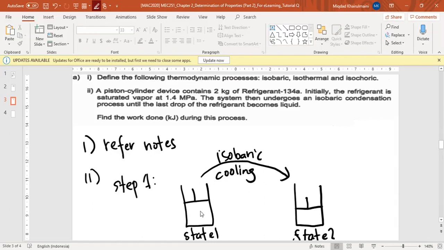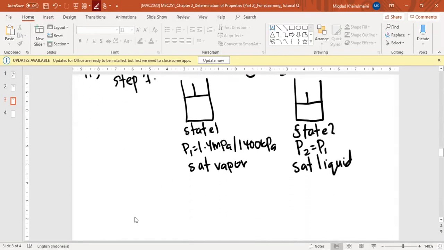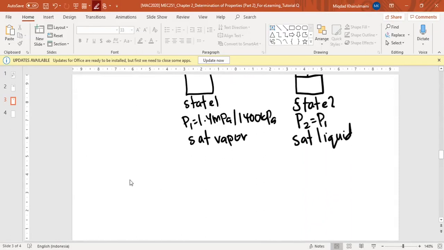For step 2, we write whatever equation we require. It wants us to calculate the boundary work. The boundary work for an isobaric process is the pressure multiplied by the change in volume.